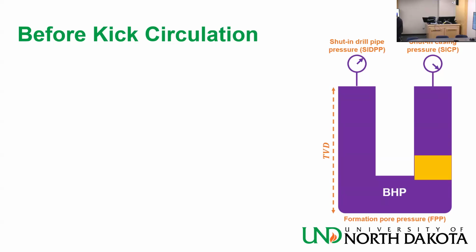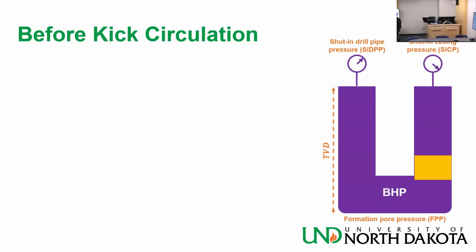So I'm always looking at the SICP, trying to keep it below a certain threshold. Say there is a threshold, we call that MAASP, maximum allowable annular surface pressure. My kick is moving up. I look at SICP all the time.